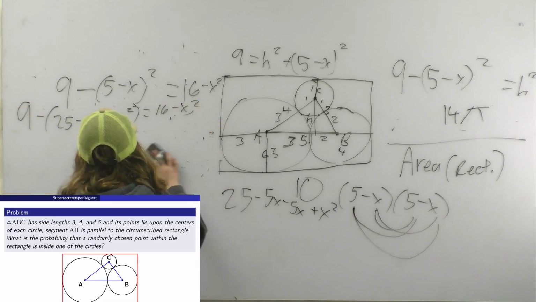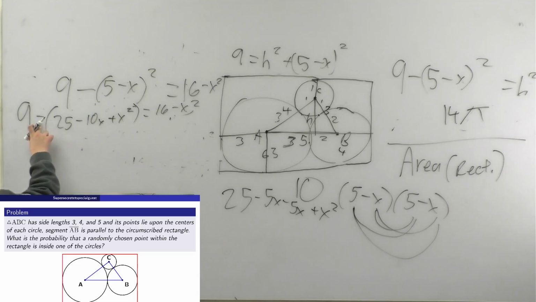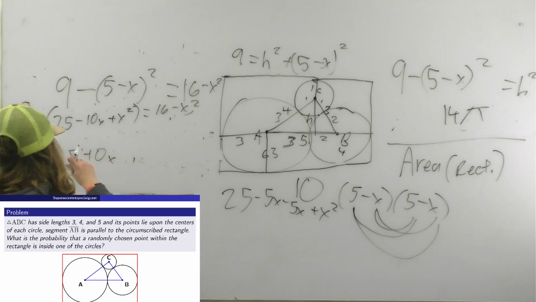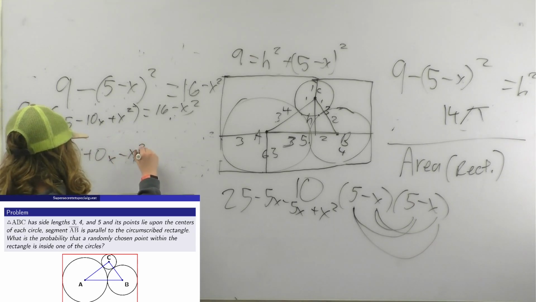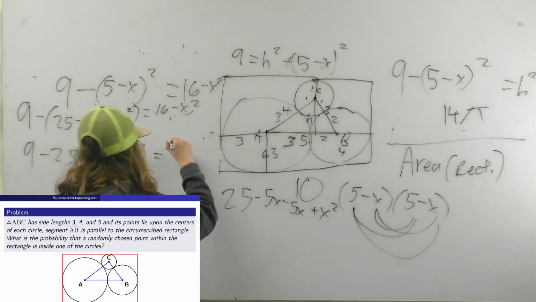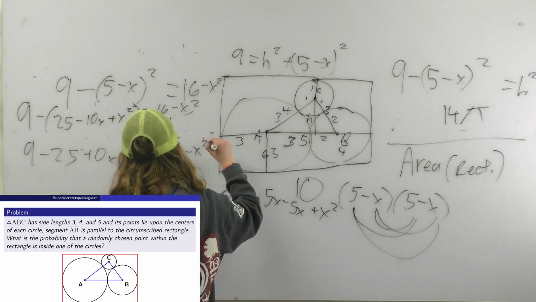So since we're subtracting here, we can actually just distribute this negative sign. So that means we get 9 minus 25, and then that becomes positive 10x, and then negative x squared, and then equals 16 minus x squared.